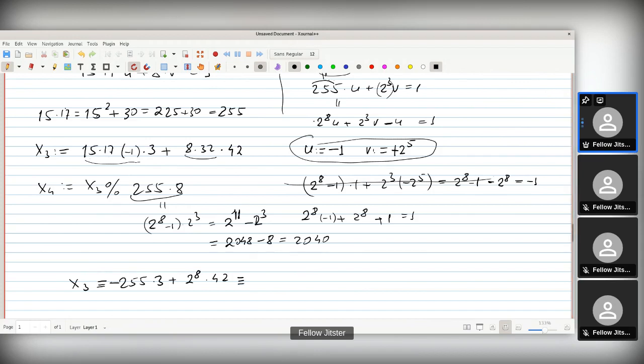We can easily find out the result. So here we have this number plus this one. Do you agree? Yeah. So it is 255 multiplied by what? 42 minus 3, 39. Am I right?